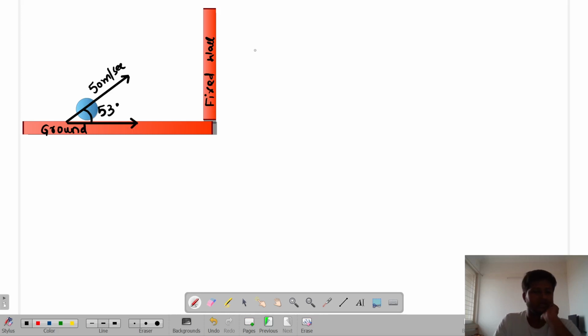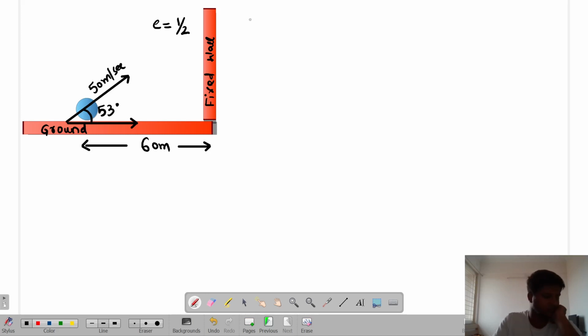The question is, if at this time this ball is at a distance of 60 meters away from the wall, and if it is going to collide, e is given to you. The value of e is exactly 1 by 2.